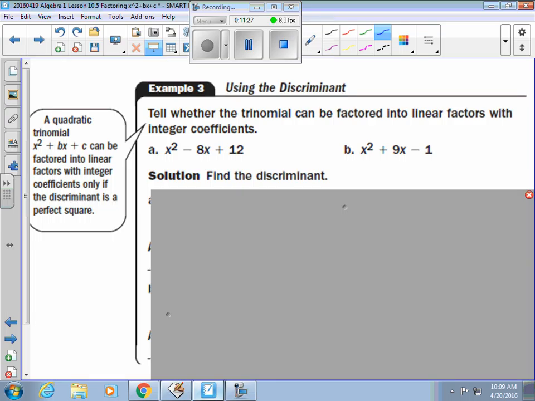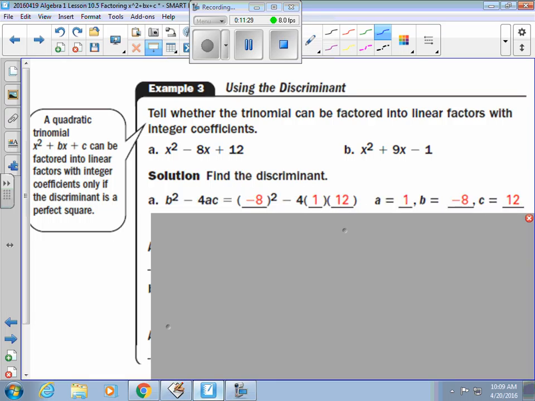Now the discriminant is b squared minus 4 times ac. So this is b, don't forget, this is c, and a's value is the 1 that's the coefficient in front of x squared. So b squared in this case is negative 8 squared, minus 4 times a's value is 1, and c's value is 12.